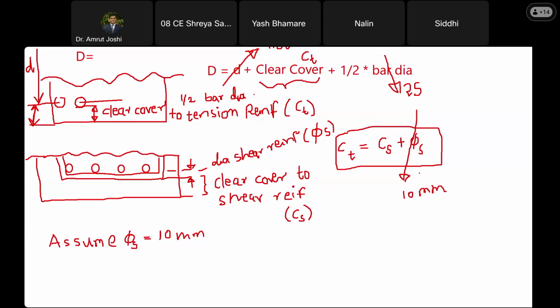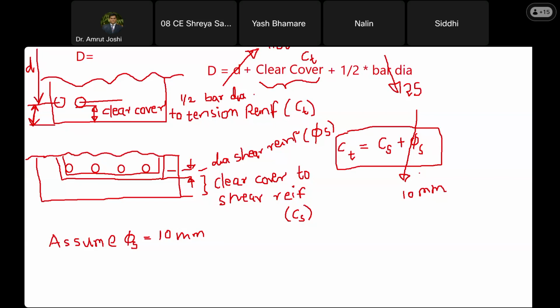Shreya, are you there? Yes, sir. See, if we do not provide this clear cover, the shear reinforcement will be directly exposed to the harsh environment. Are you with me? Yes, sir. Now, concrete is alkaline in nature.